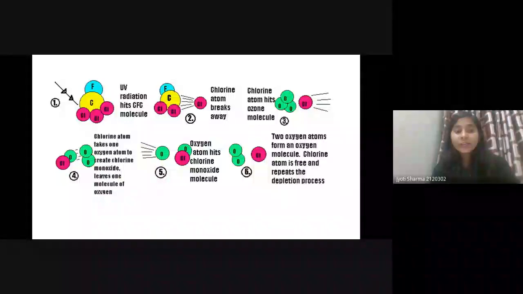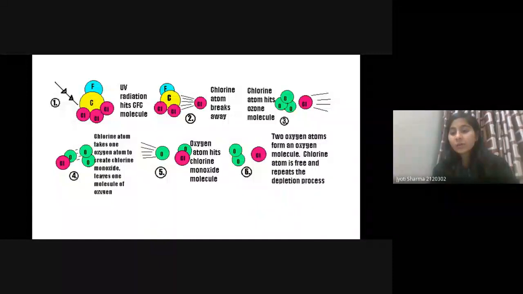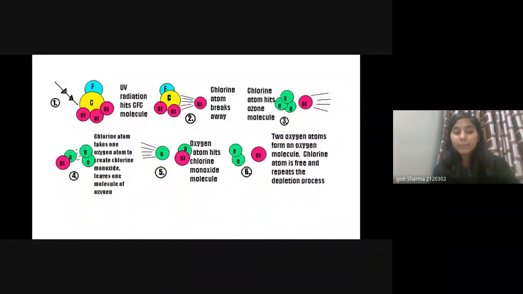That ultraviolet radiation will detach one chlorine, so one chlorine will break away. Then this free chlorine will attack the ozone. This will form ClO, an intermediary compound.